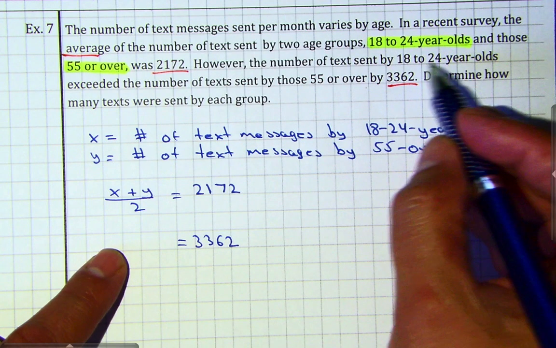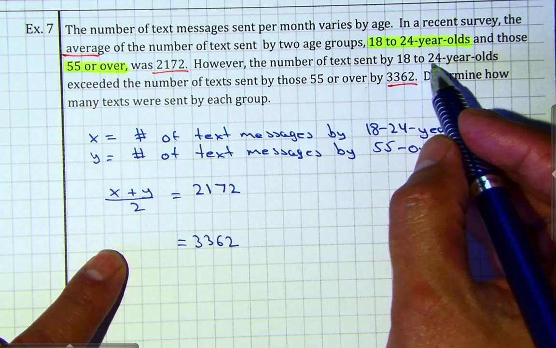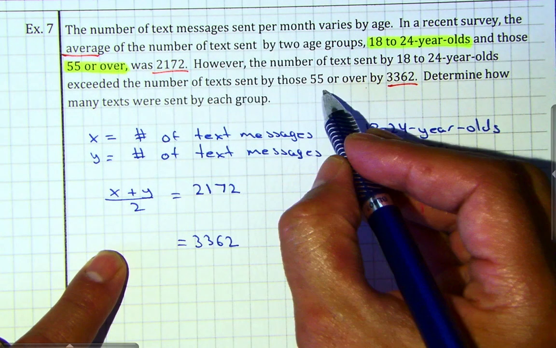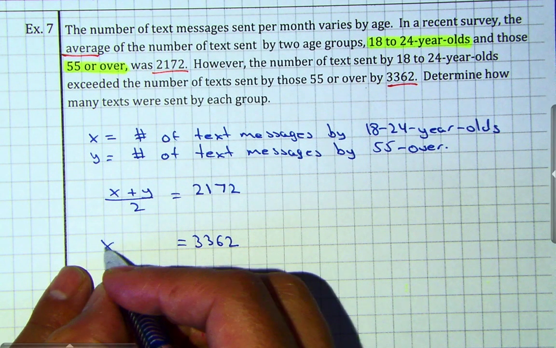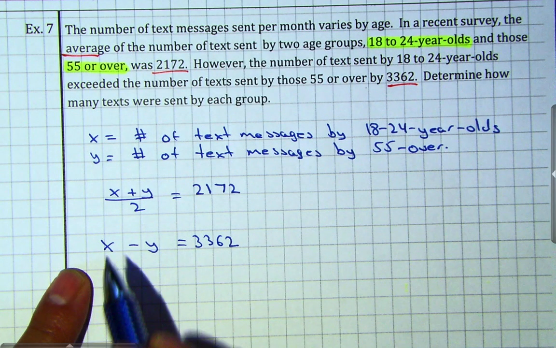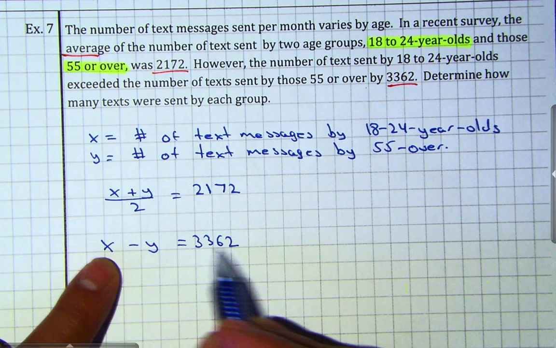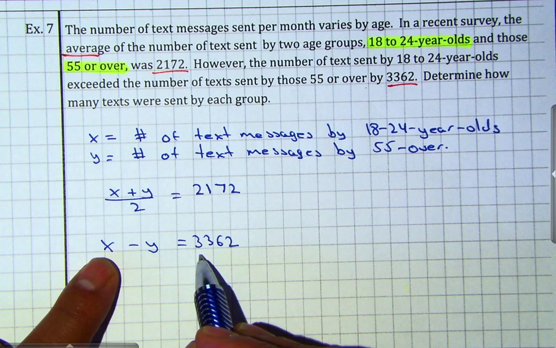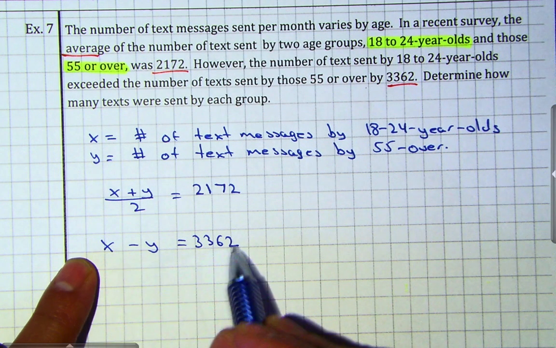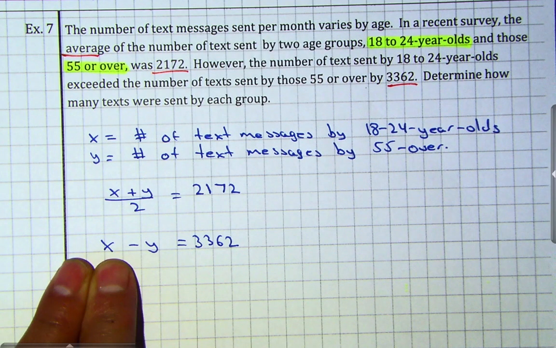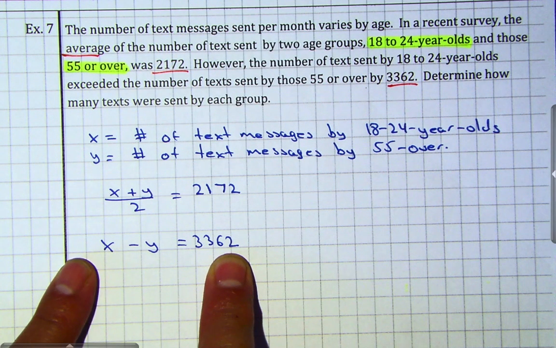The number of 18-year-olds is greater, exceeded by those. So you'll end up with x minus y. So if you subtract them, that should give you the amount by which they exceeded, correct? And sometimes you just have to be careful, because this equation is the one that people miss the most.